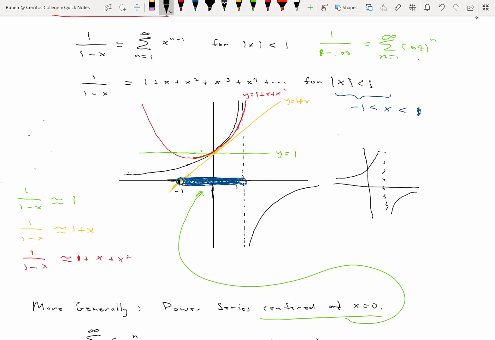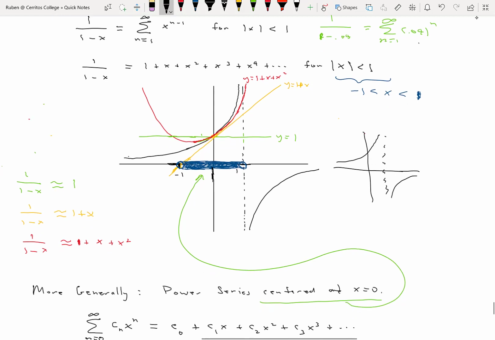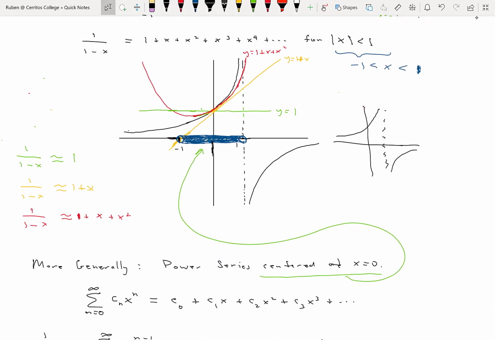So for that reason, when our power series looks like powers of x squared, x cubed, x fourth, etc., we say that we're looking at a power series centered at 0. Okay, so the most general power series centered at 0 would look just like the one we have above, except the coefficients of the x's don't have to be 1.